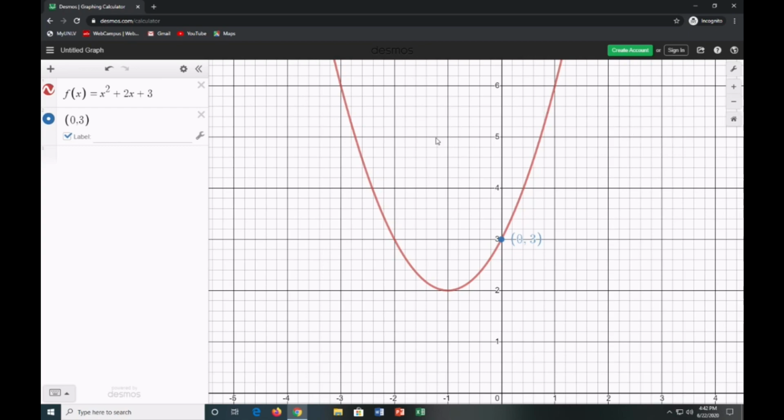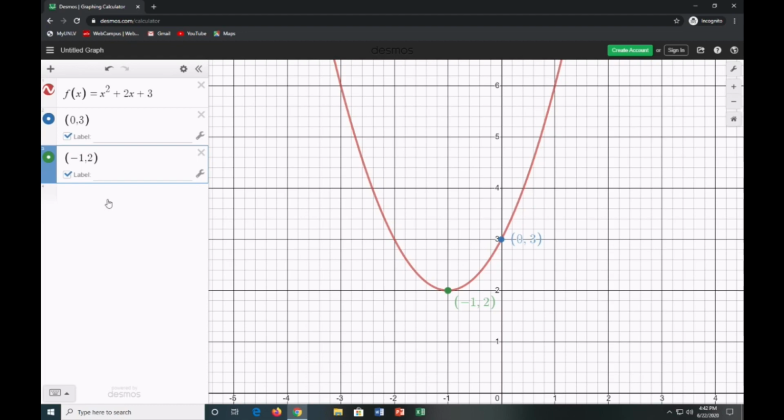Also the vertex, we found that we had a minimum point here, and we found that point to be at -1, 2, right? The green dot appears there, and let's snap to it with that -1, 2. Okay, so computers are nice. They facilitate things a great deal. So there we are.